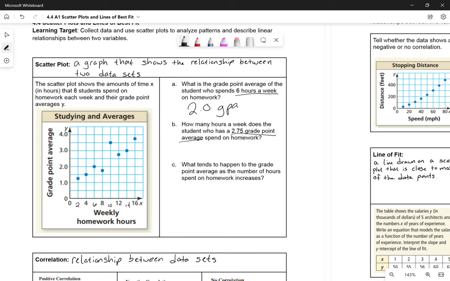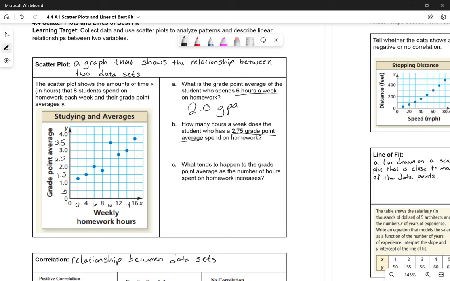So that lets us know if we cut 1 in half, we're actually going up by 0.5 each and every time. So I'm going to fill this in just to help myself so I can read the graph a little easier. And now I'm going to be looking for 2.75, which unfortunately is not on this graph.